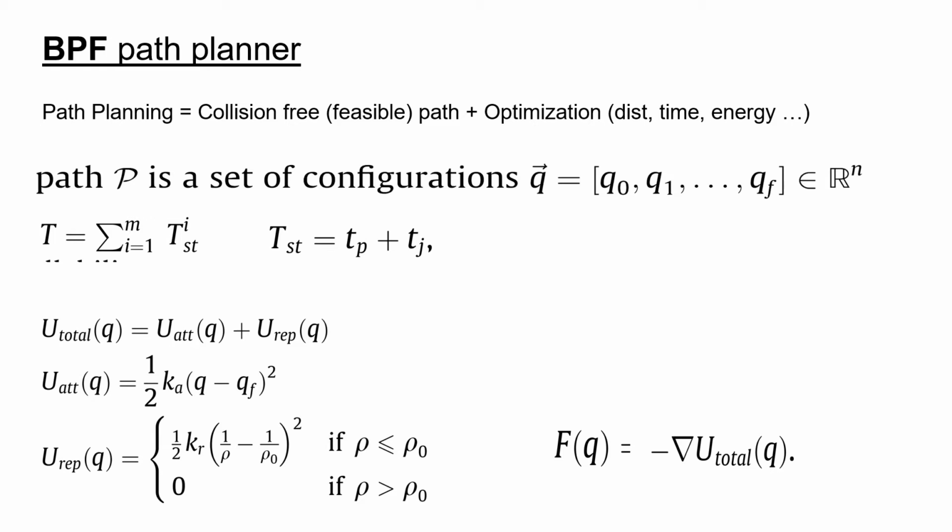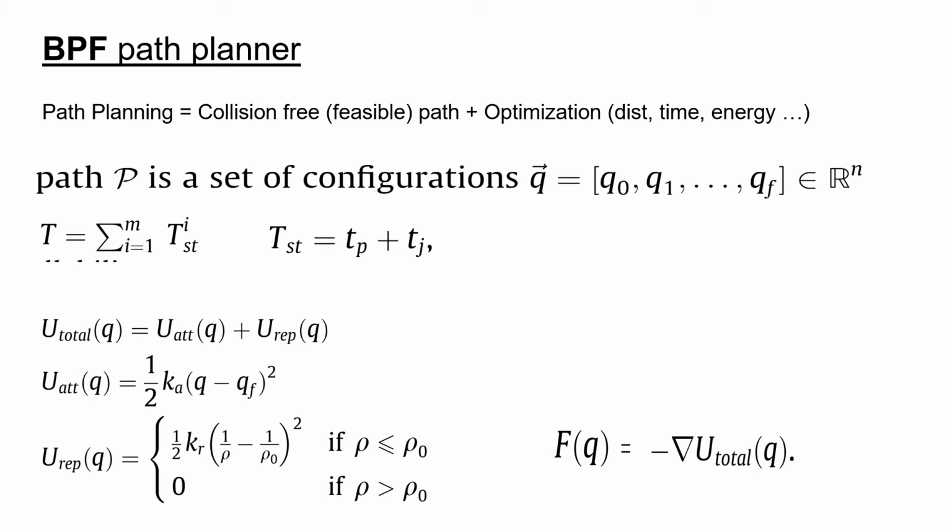U attraction is given by the following formula: half of Ka times (Q minus Qf) whole squared, and U repulsive is half Kr times (1 over rho minus 1 over rho naught) whole squared if rho is less than or equal to rho naught, and 0 if rho is greater than rho naught. So rho naught is the limit distance of influence of the potential field.